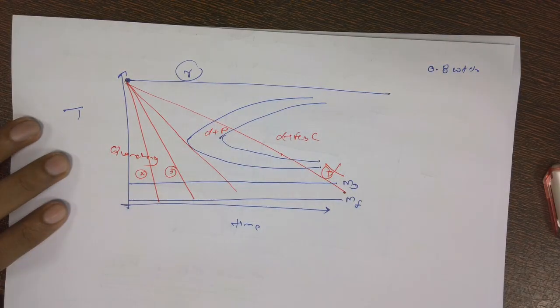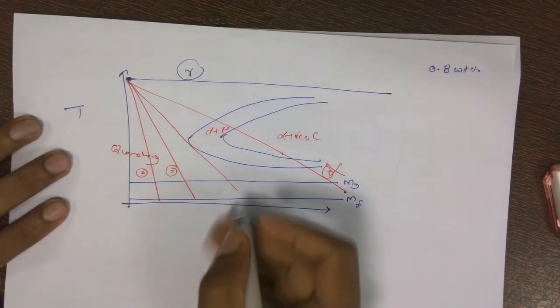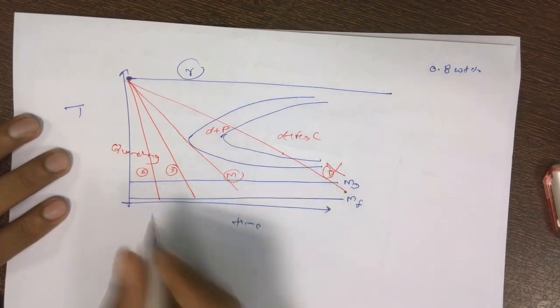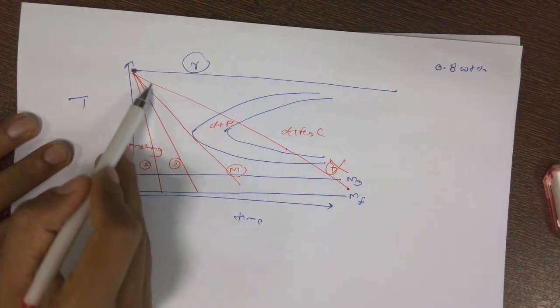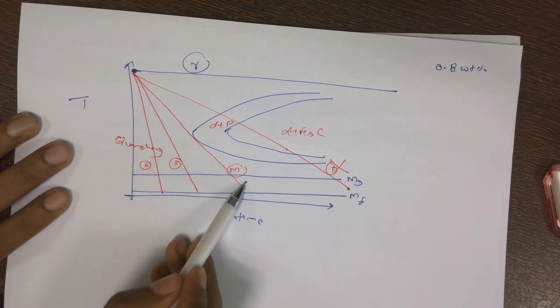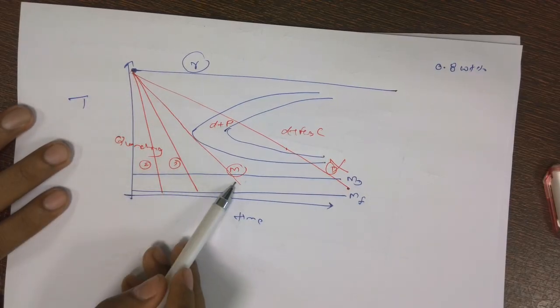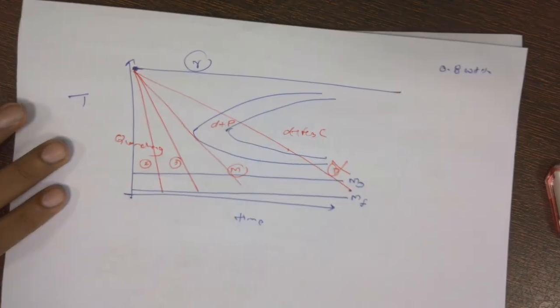Now, a question. Case 2, which is this one, case 3, which is this one, and case 4, which is the last one. Among 1, 2, 3, 4, which one is having the lowest cooling rate?